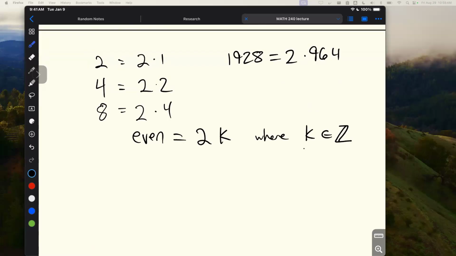So this is my shorthand to say that k is any integer. Remember, this is how we write the set of integers, and this is saying that this element is in that set.